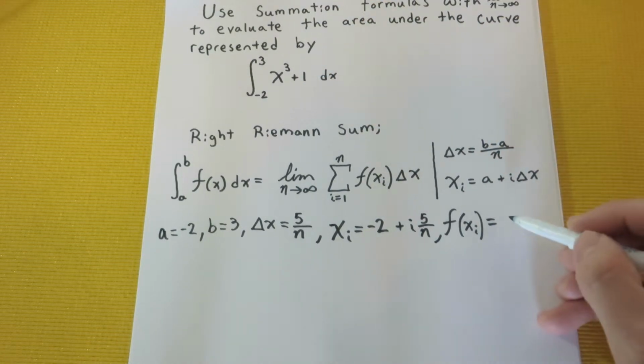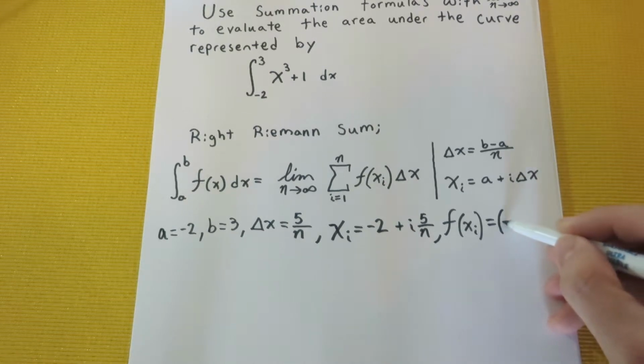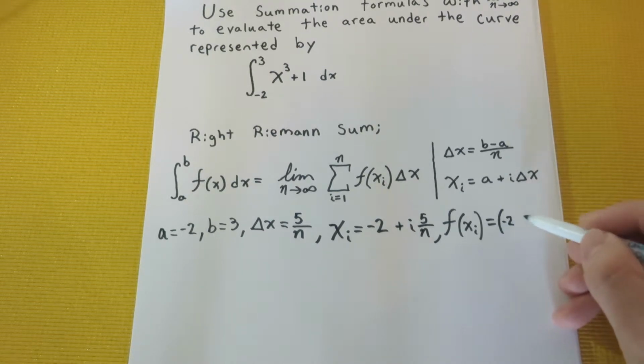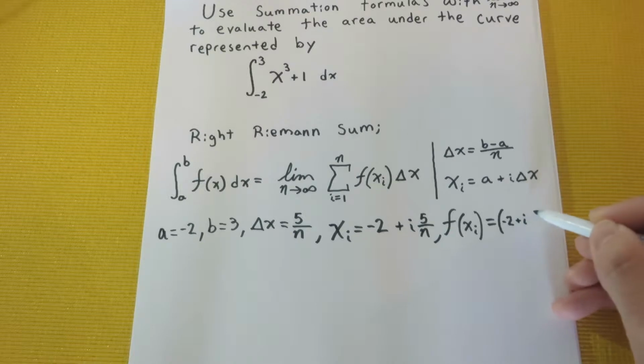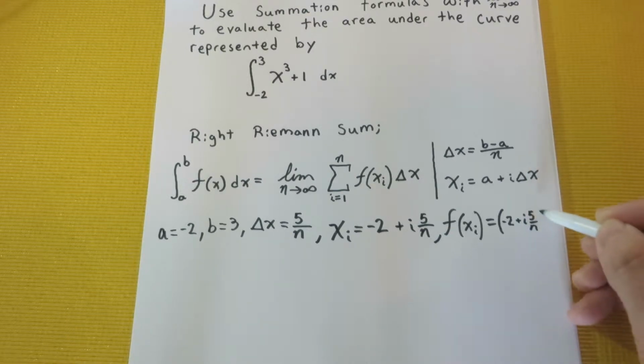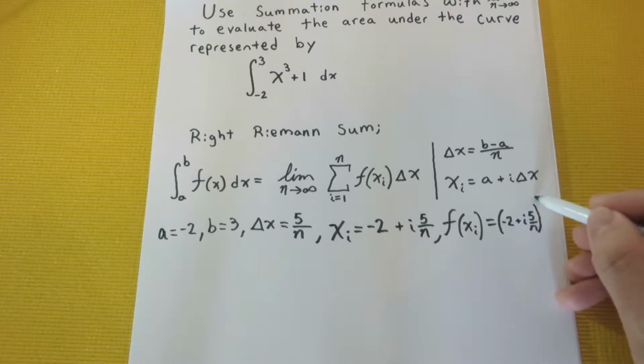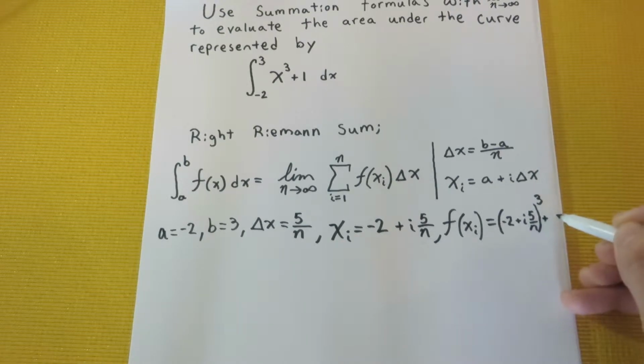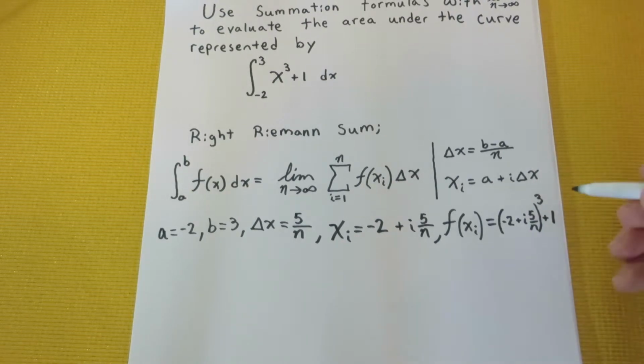So that's going to be, I'll try to make room here, -2 plus i times 5 over n, all of that cubed, plus 1. Alright.